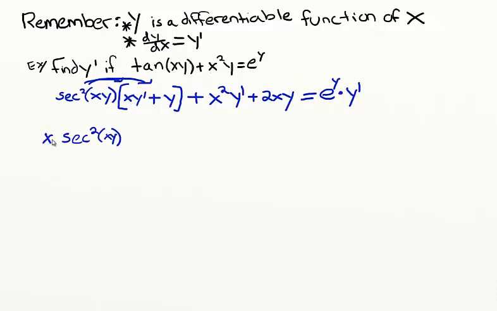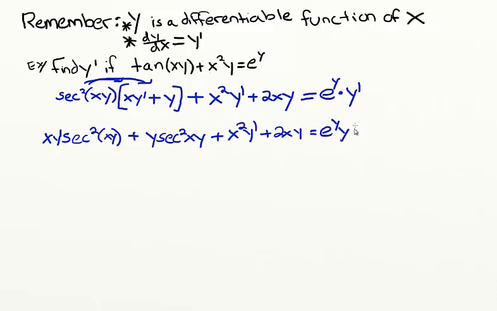So actually I'm going to write that in the front, it just looks better. Xy prime, secant squared of xy, then plus a y times a secant squared of xy, then plus all the rest of the stuff we have, x squared y prime plus 2xy.